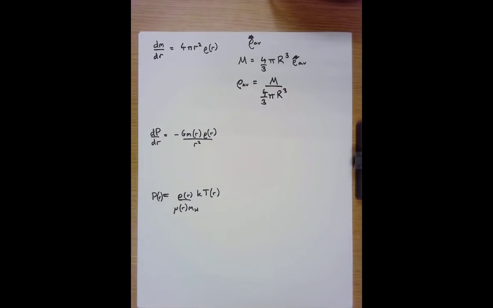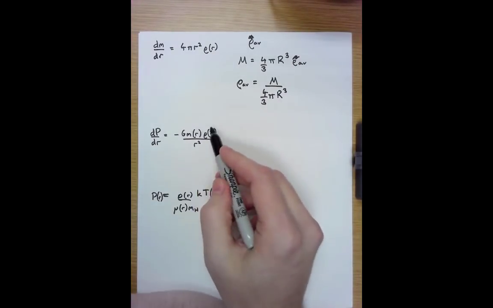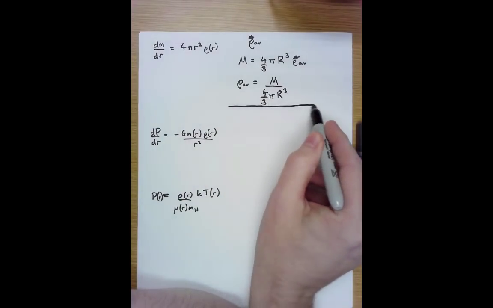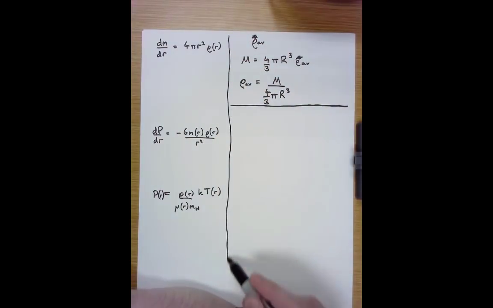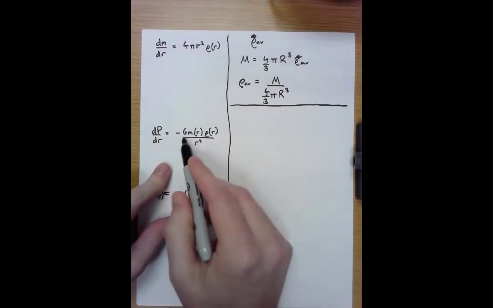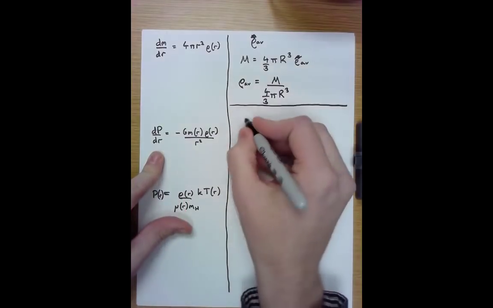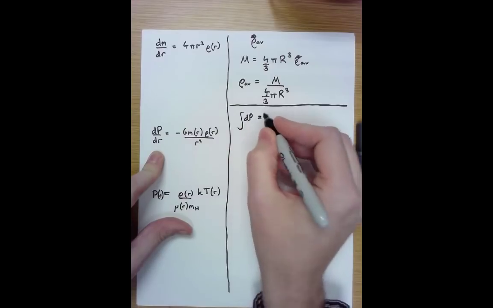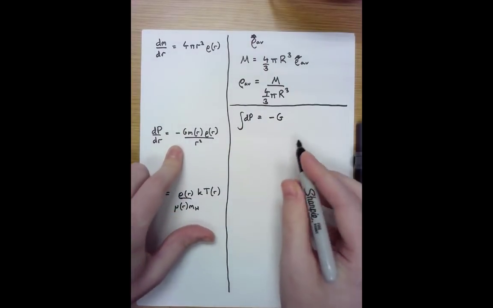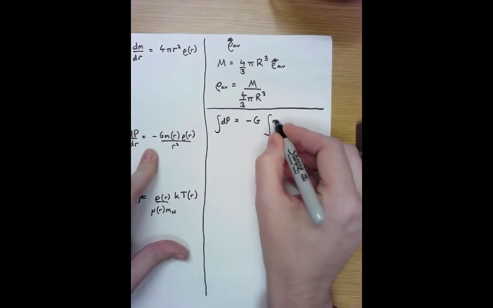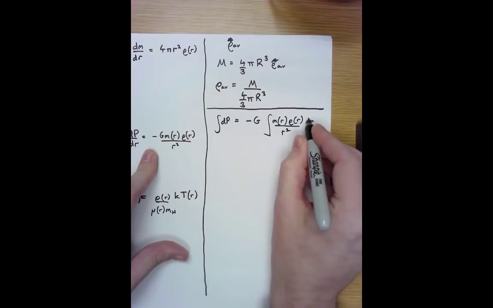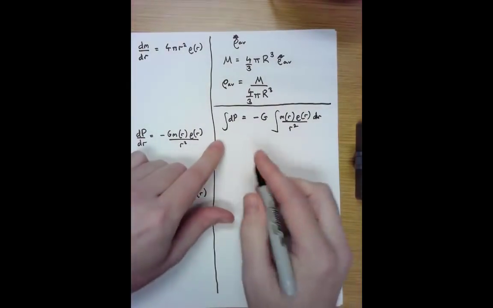Okay, now we can use this approximation to also integrate the equation of hydrostatic equilibrium. If we multiply both sides by dr and integrate, we have the integral of dP equal to minus G, which is a constant, times the integral of the mass inside radius r, density inside radius r, over r squared dr. What are the limits of integration?